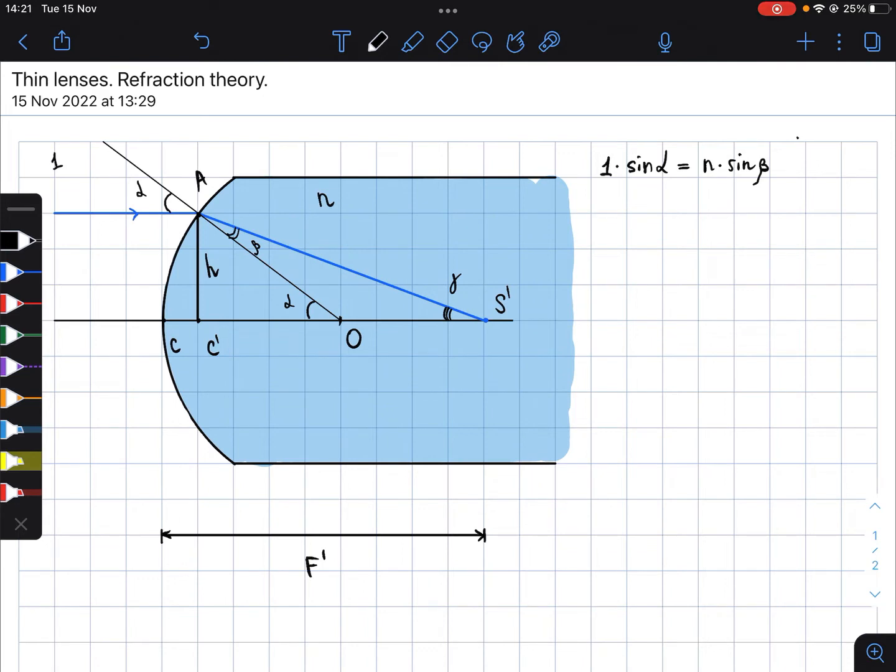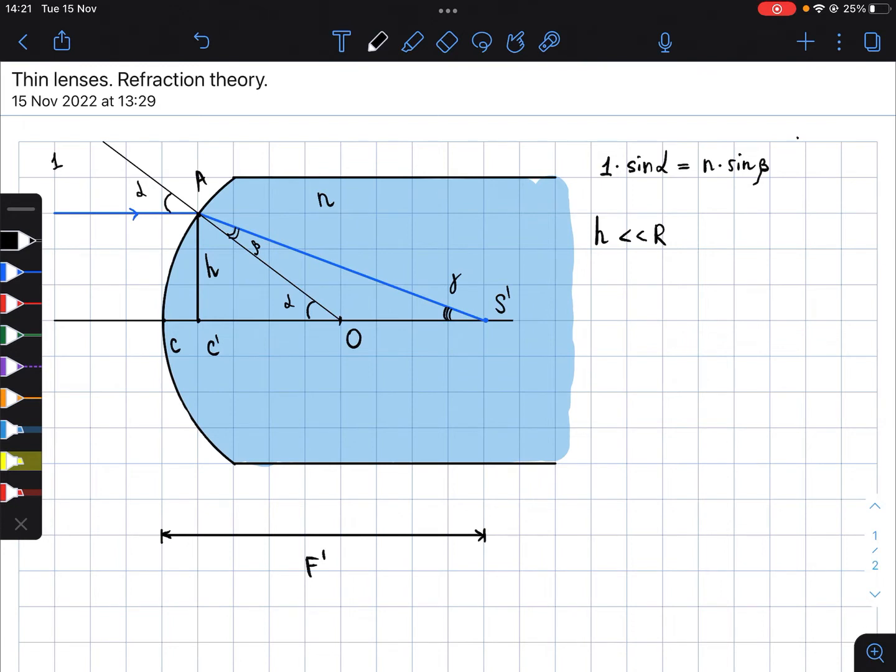Because all the rays are paraxial rays, they are nearly parallel to our optical axis. The height h is going to be much smaller than the radius of curvature of this surface.